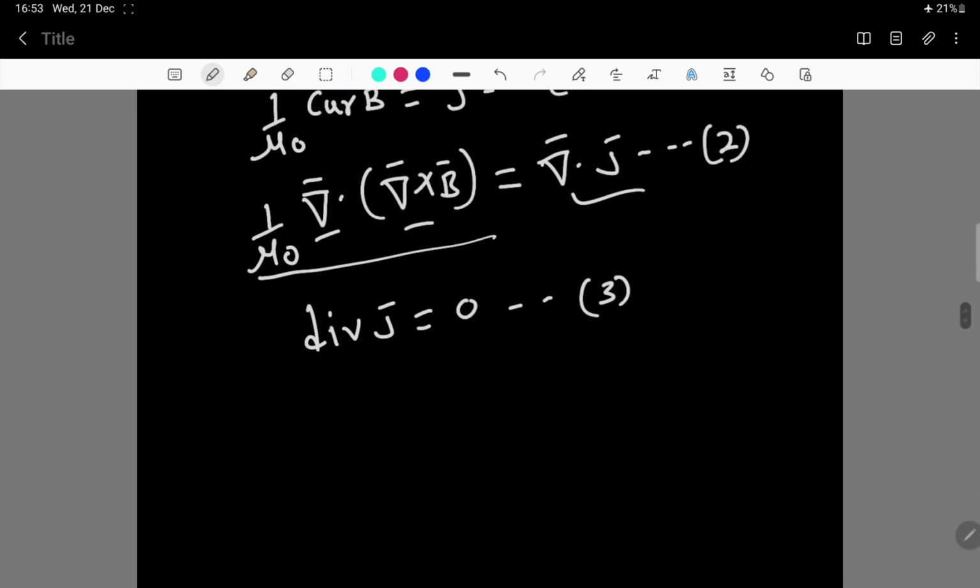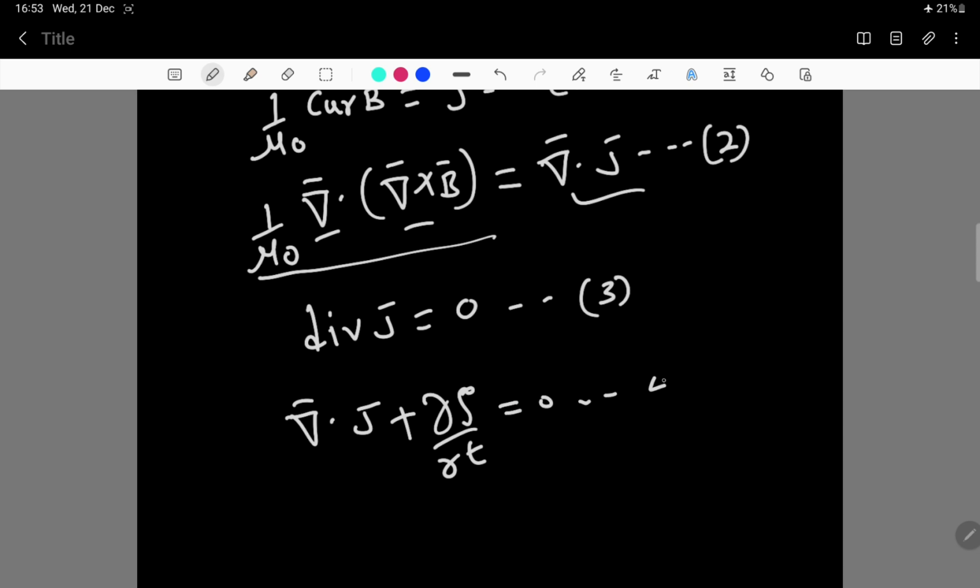But from the equation of continuity, expressing the conservation of charge in differential form, given by del dot J plus partial rho partial t equals 0.